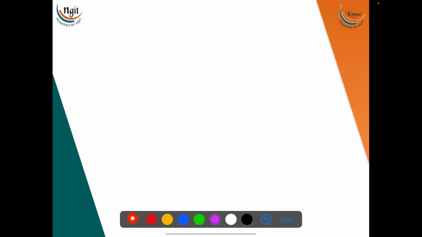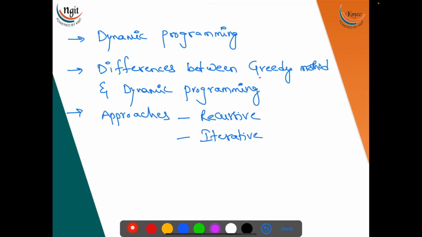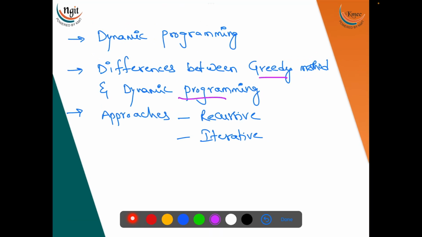Now we'll see the differences between greedy method and dynamic programming method. Both are used to solve optimization problems. What do we mean by an optimization problem? Optimization problems are those which require either a minimum result or a maximum result.